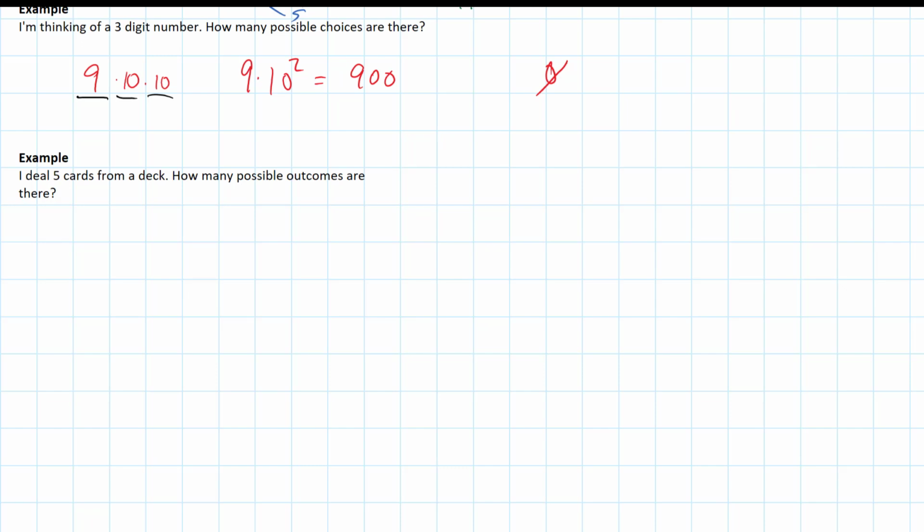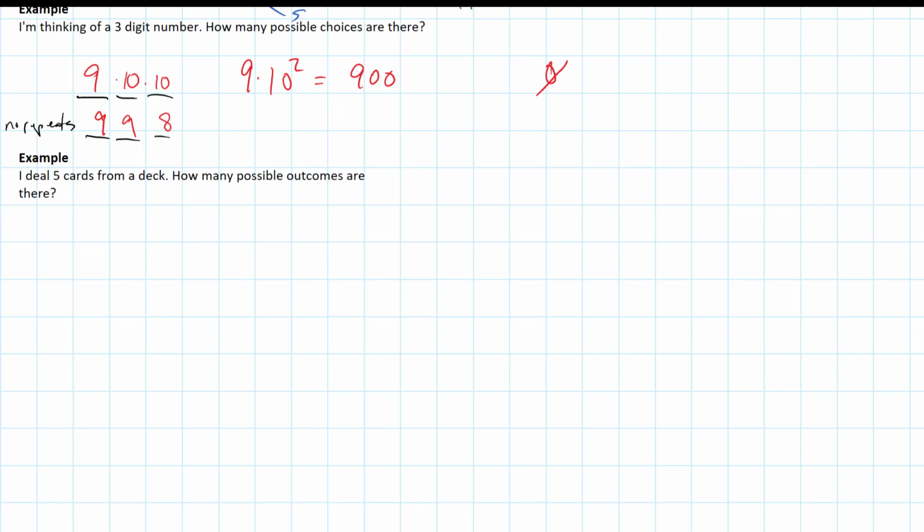Okay, so that's a three-digit number. Now, some people could reinterpret this. They could say no repeats in the digits. And that's actually not as difficult a problem as you might think. The first one still has that rule of 9. After that, I can't repeat, which means that's going to be 9, because I could use 0, or the 8 other numbers that are left over.